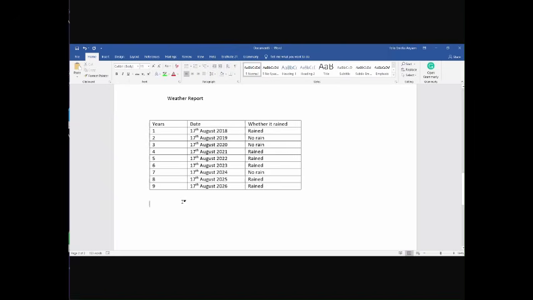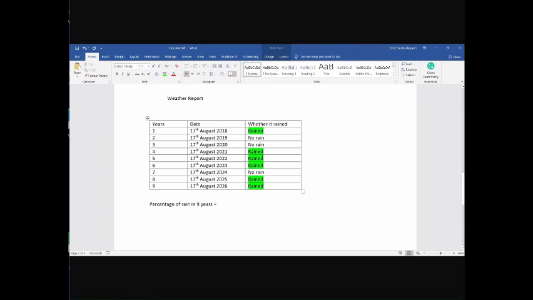So now let's look at the percentage of rain in 9 years. It rained, rained, rained.